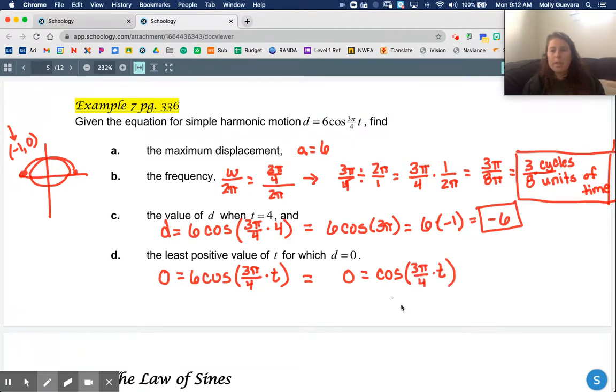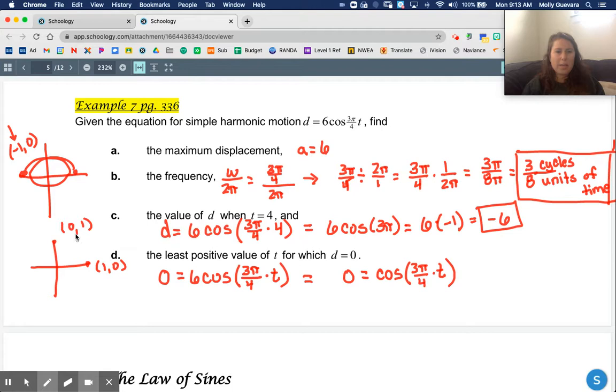Okay, so that means that the cosine, right, the x value of whatever angle this is has to be 0. So if we look at the unit circle, here at 0, my cosine is 1, right? And then here at pi over 2, I have 0, 1.